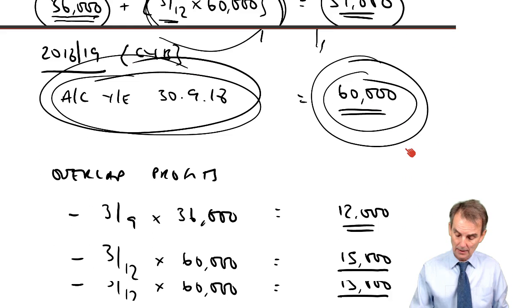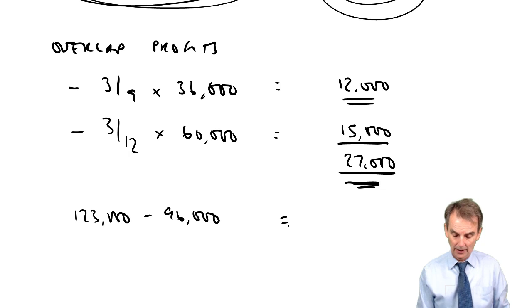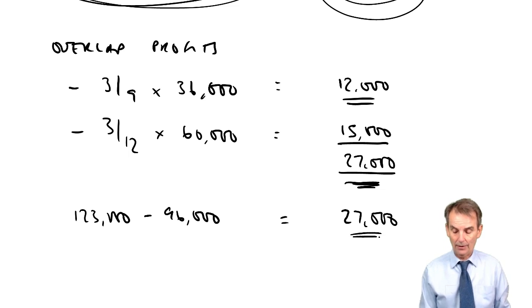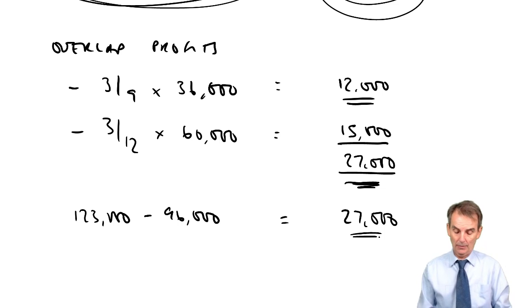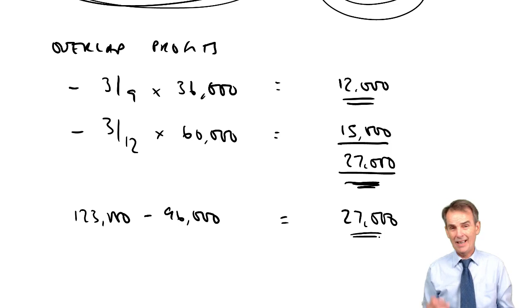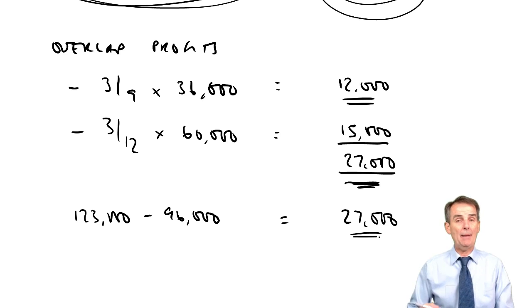What's the difference between £123,000 assessed and the actual profits made, 96? That, I'm very relieved now to see, comes to £27,000. So there we go. We have proven in terms of our calculation that overlap profit. So either way is acceptable in terms of establishing the overlap profits. So you've got to know how to calculate it, and you've got to know what happens to it. It's going to be used to reduce the assessment in the final tax year.